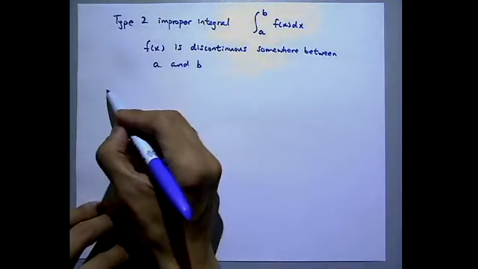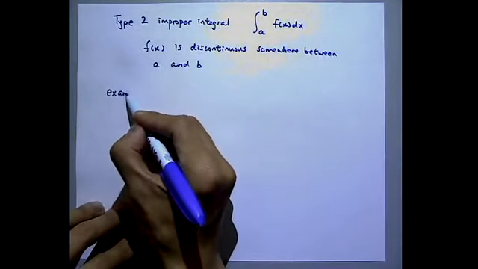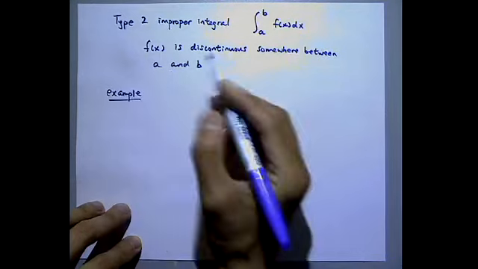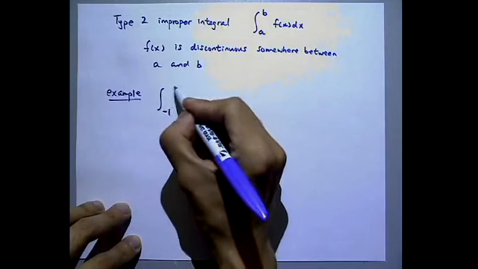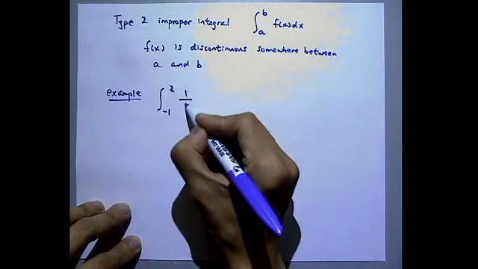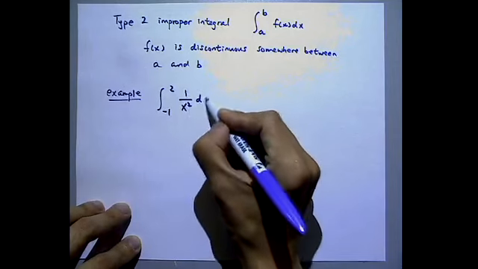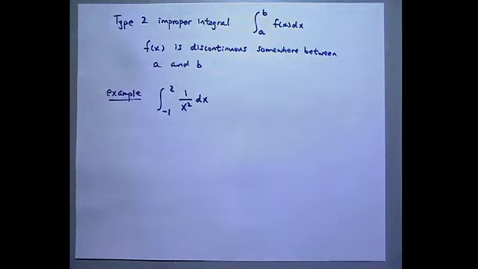For example, 1 over x squared, and we're integrating from -1 to +2.